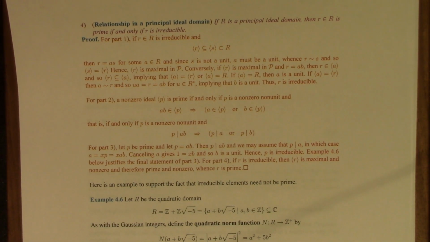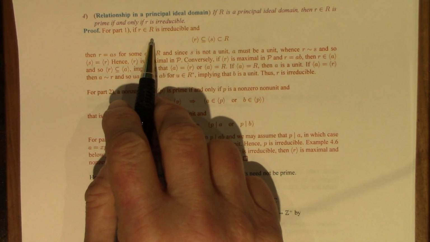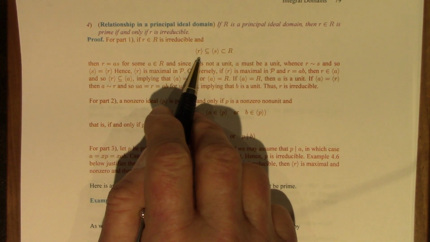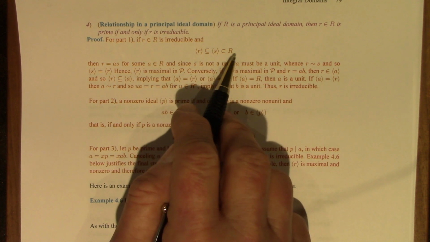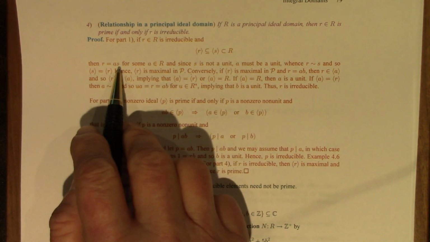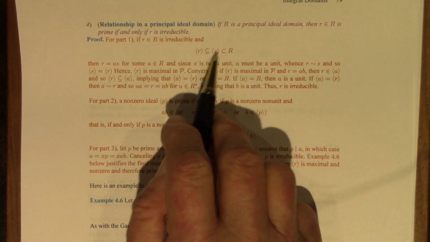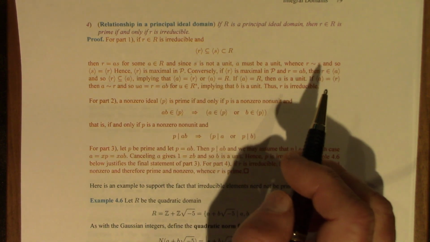For the proof of part 1, if r is irreducible and the ideal generated by r is contained in an ideal generated by s, which is proper, then r is some multiple of s, say r equals as, and since s is not a unit because this is proper, a must be a unit.